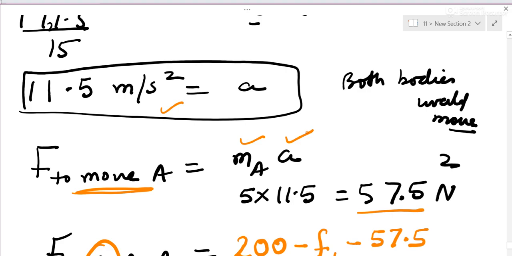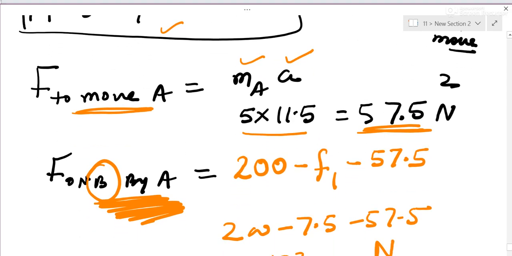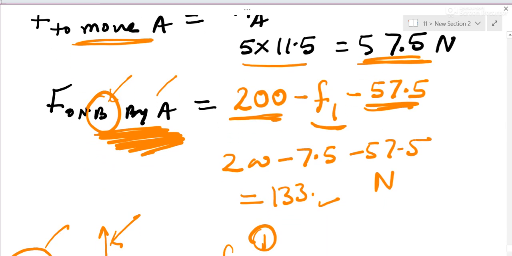Mass of A into acceleration, which I have substituted. This is the force required. Now what is the force on B by A when the partition is removed? This is the net force, this is the first friction, and this is how much is required to move it. How much will be remaining? This is the force exerted on B by A, and the same will be on A by B, that is the reaction force.